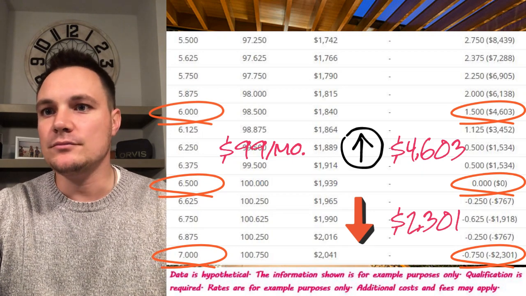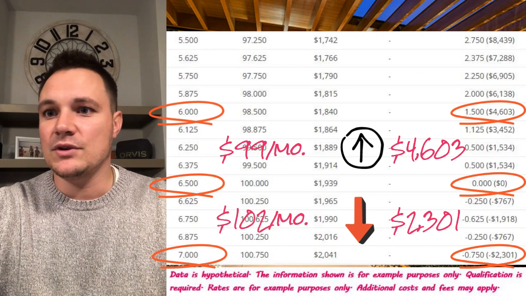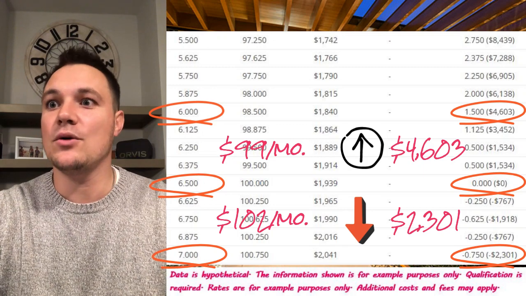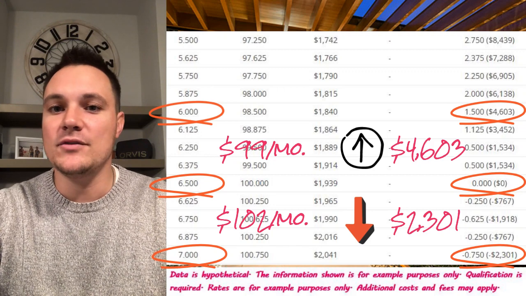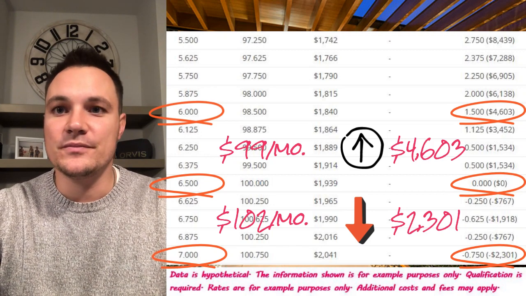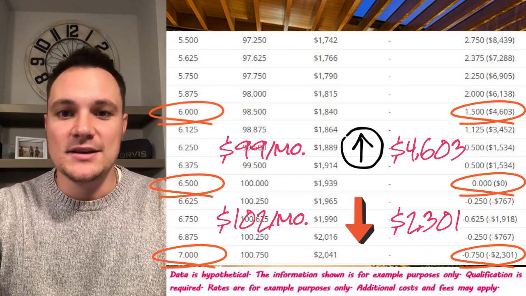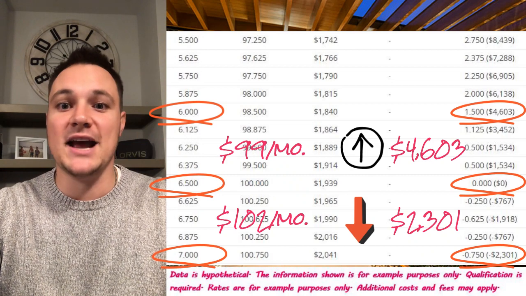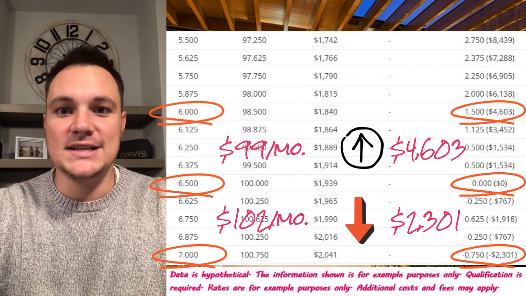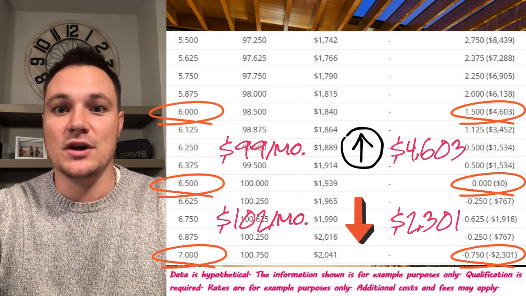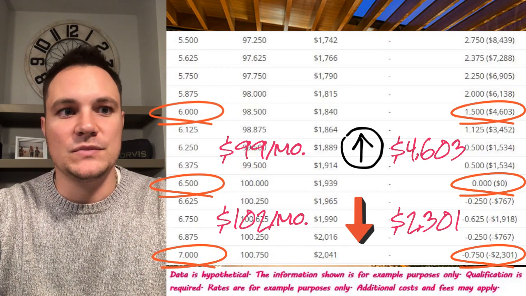That then increased your payment by, what is that? $102. So you would literally be getting half of the amount of credit to go from 6.5% to 7% as it would cost to go from 6.5% to 6%, which is the same distance from one rate to the other. It would just cost you a lot more to pay it down than you would get credit back to take a higher rate in that case.